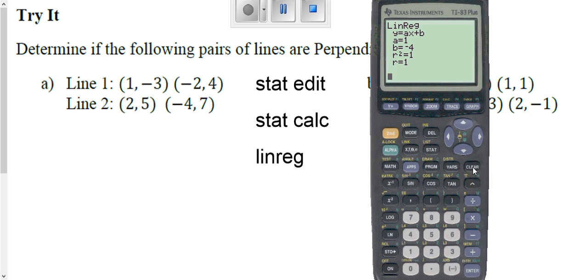Put my calculator on. StatEdit. Let's go clear this stuff out. Easy as pie with this thing. Use that powerful calculator. So line 1, I can see the x's are 1 and negative 2.